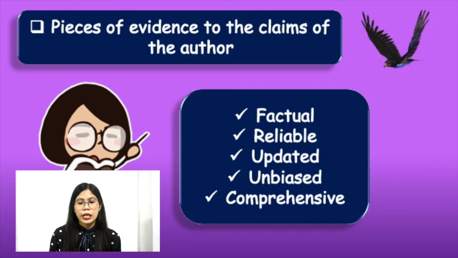The next factor to consider in investigating the sources of information is the pieces of evidence to the claims of the author. Here, the supporting pieces of evidence the author presents should be of high quality information that is factual, reliable, updated, unbiased, and comprehensive.